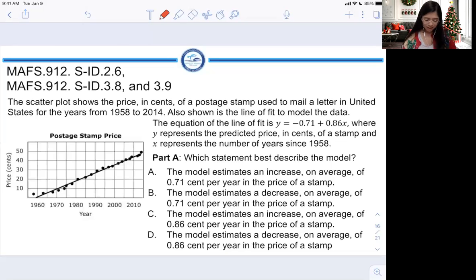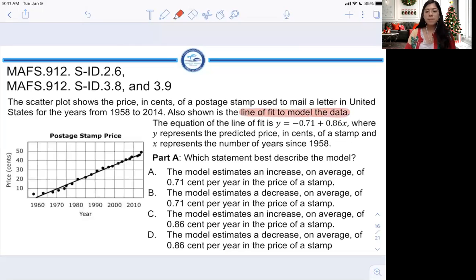All right. The scatter plot shows the price in cents of a postage stamp used to mail a letter in the United States for the years from 1958 to 2014. Also shown is the line of best fit to model the data. So here's what we have, a line of best fit.